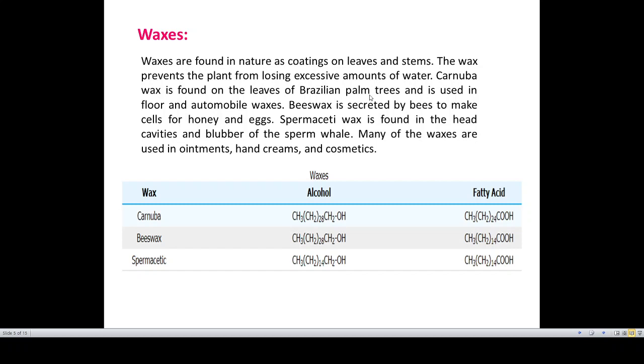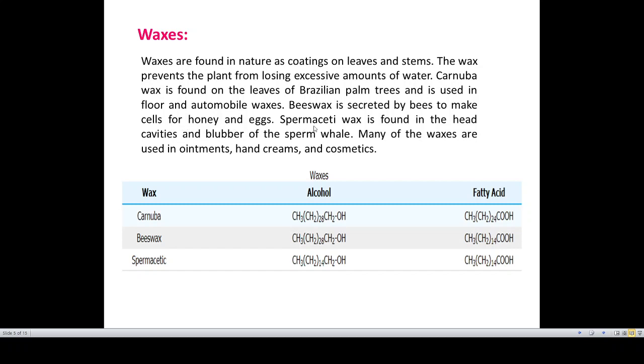As said earlier, waxes have lots of applications, and carnauba wax is used in floor and automobile waxes. So this is an example of a plant wax. The second example here is beeswax, which is secreted by the bees to make the cells for honey and eggs.